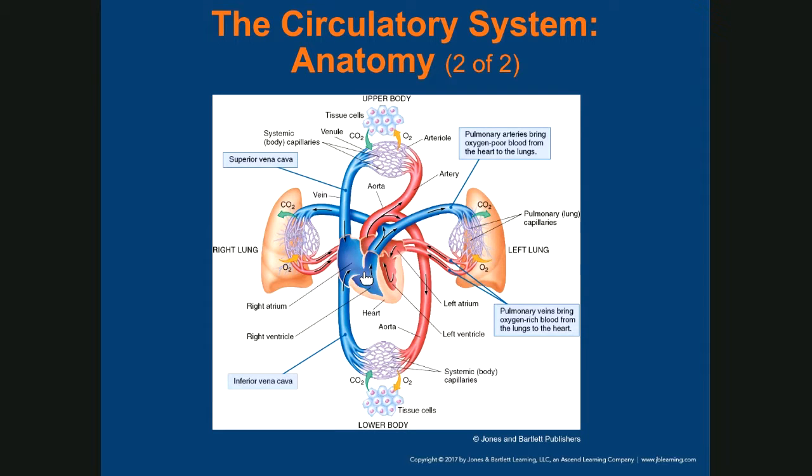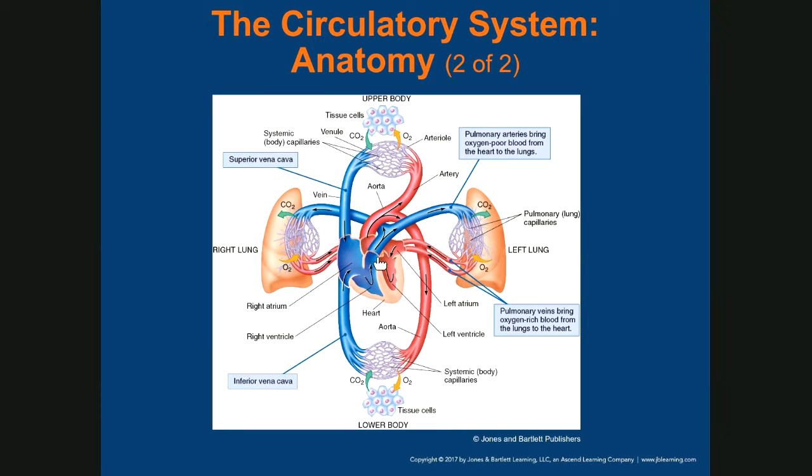And I remember that valve by saying try right. Try right. So the tricuspid valve is on the right side. Right? So try right. That's how I remember it. Tricuspid valve on the right side. The right ventricle receives the deoxygenated blood.